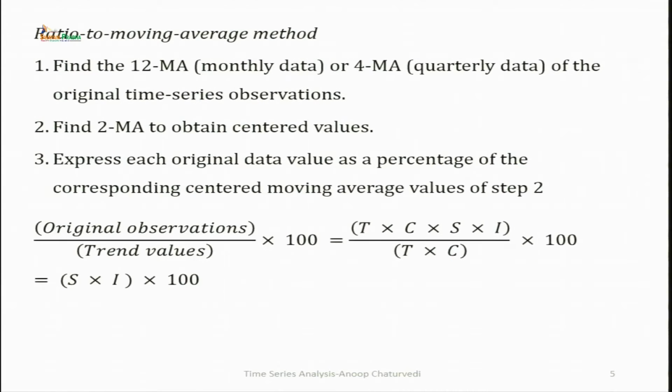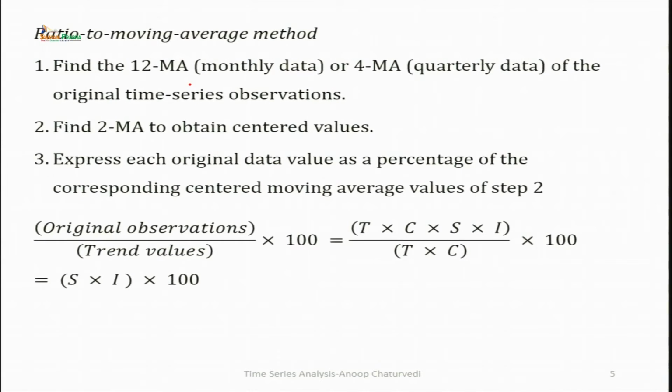The second method is the ratio to moving average method. Basically, we assume that the model is a multiplicative model. So, first we obtain a 12 month moving average for monthly data, that is, 12 MA, means moving average of period 12, or if you have quarterly data, then you obtain 4 MA, means moving average of period 4 of the original time series observations.